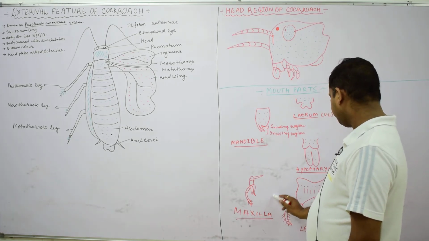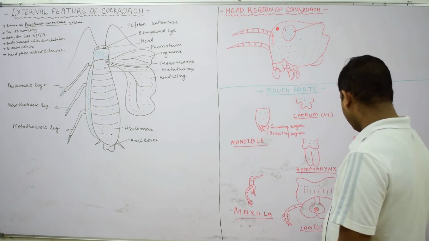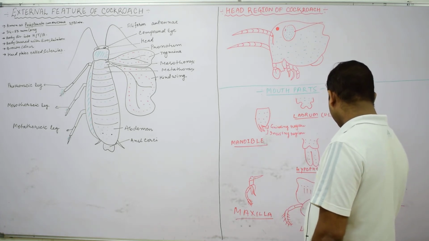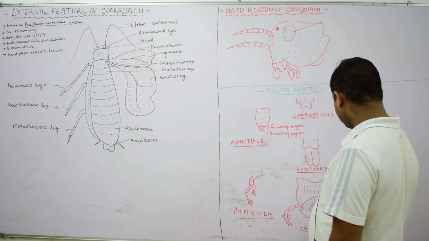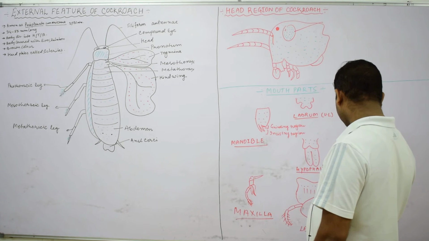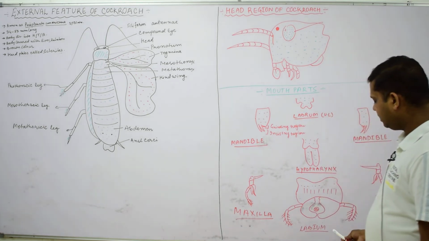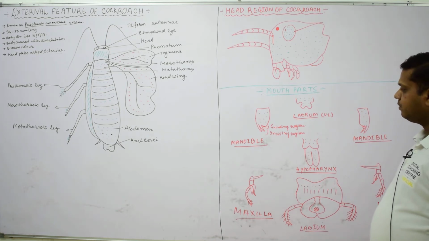We have one pair of maxillae in cockroach, and the lower lip is known as labium. This is the more prominent structure, big in size, having the appendages inserted, and it is known as labium. Labium is the lower lip of a cockroach.